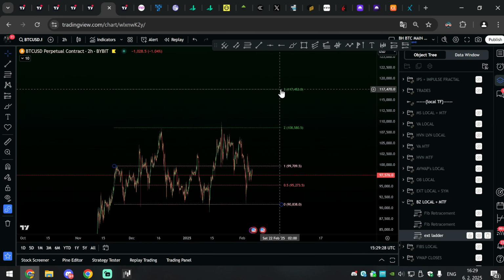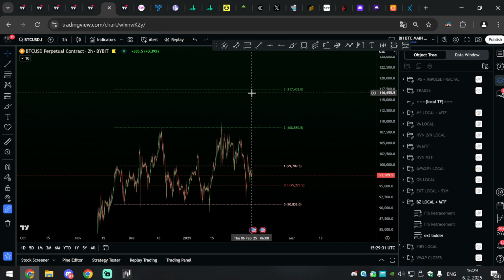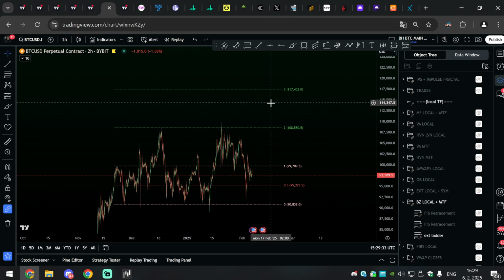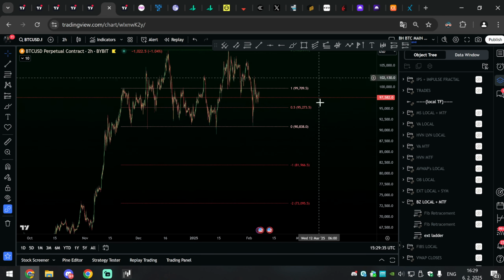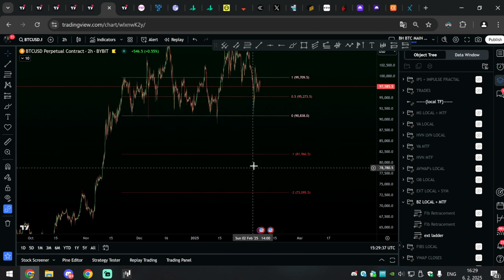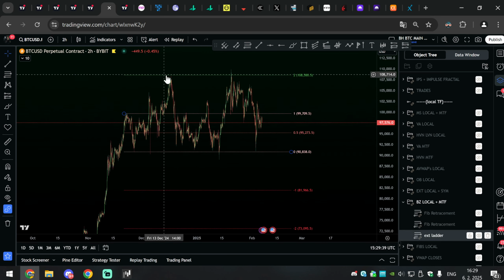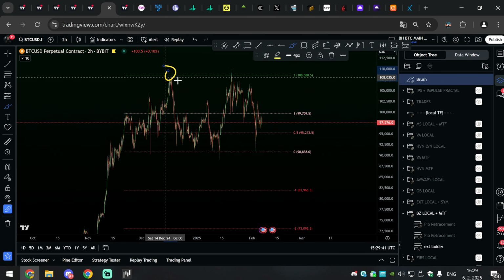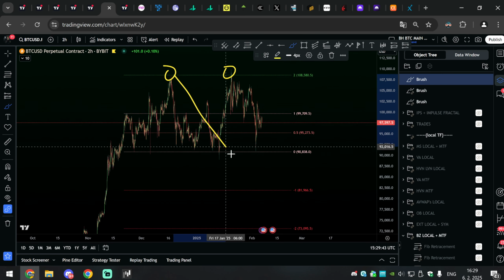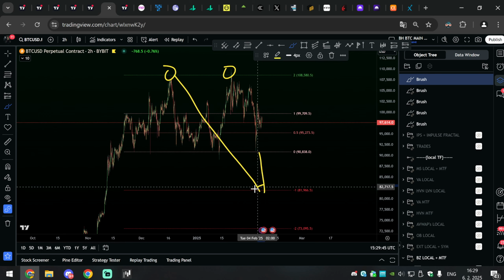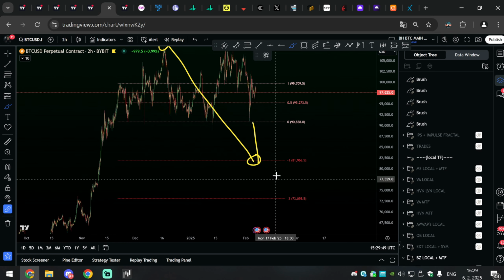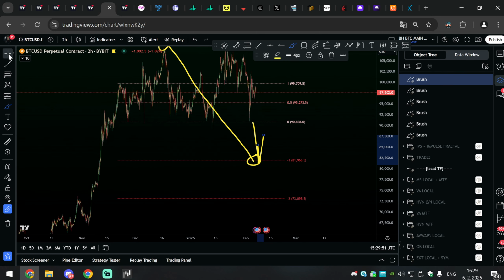If you break out, look at that. You've got another technical extension target at 117,452. We break to the downside, pretty cool. So we'll be targeting just based on this symmetry, yes, or this symmetry. We'll be targeting same thing, which is 1-to-1 extension move down to 81,966. If you get crazy big, you can get initial bounce from here, all right?